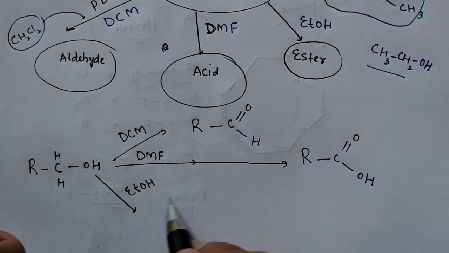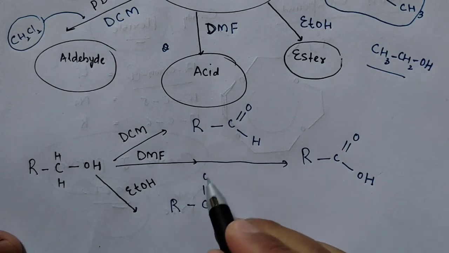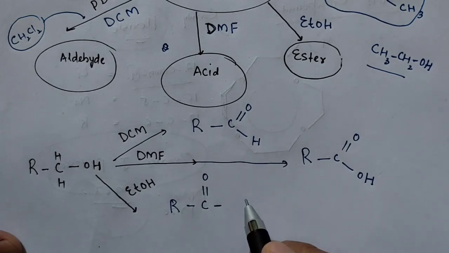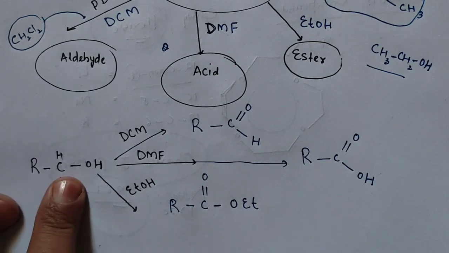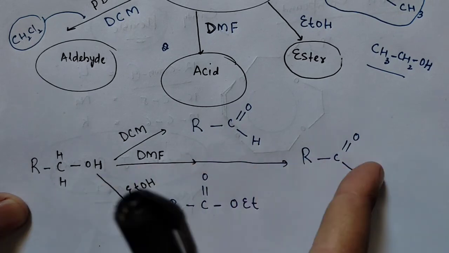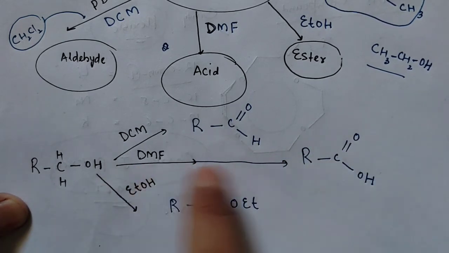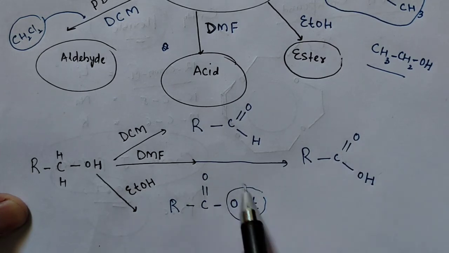You have R, C, it will convert this into carbonyl, and then this Et will become your ester. Remember this. How is an ester formed? We know it's formed from alcohols plus acids. So here first this will get converted to carboxylic acid, and then this ethanol solvent will combine with this, ethanol will give the H, so the EtO will come from the alcohol, and that forms the ester.